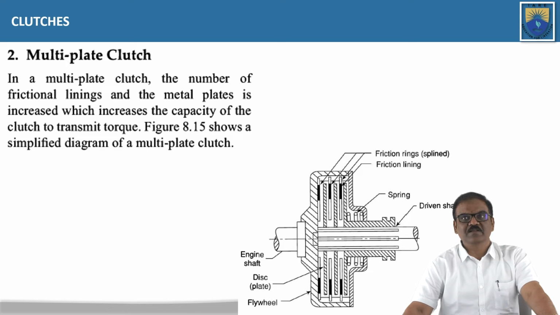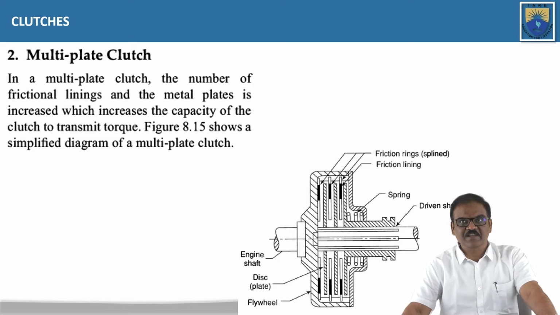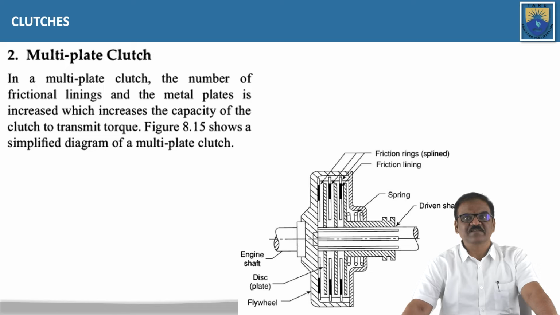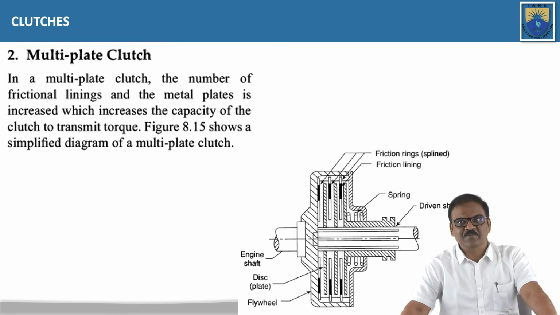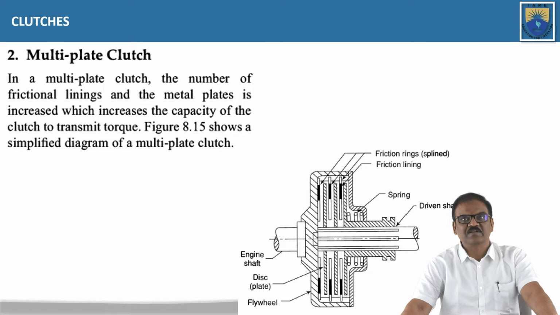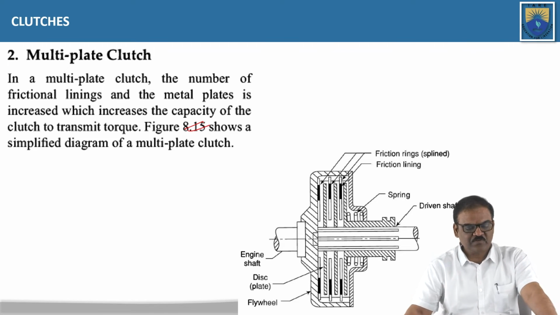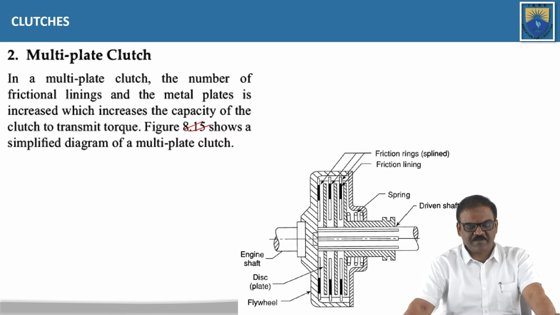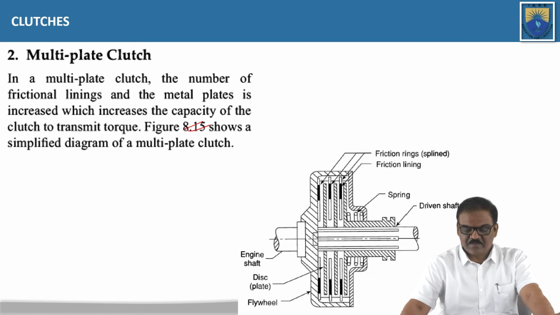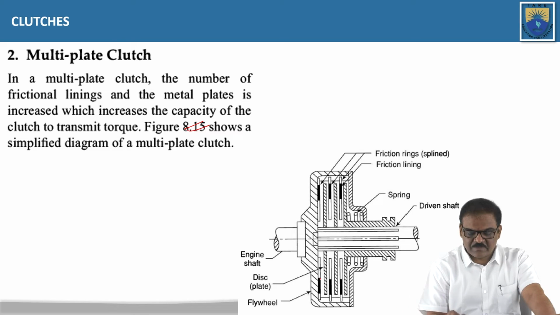Further to this, we will go ahead with the multi-plate clutch. In a multi-plate clutch, the number of frictional linings and metal plates is increased, which increases the capacity of the clutch to transmit torque. The figure shows a simplified diagram of a multi-plate clutch. So earlier we had only one clutch.